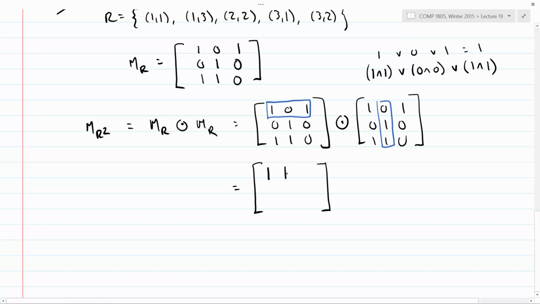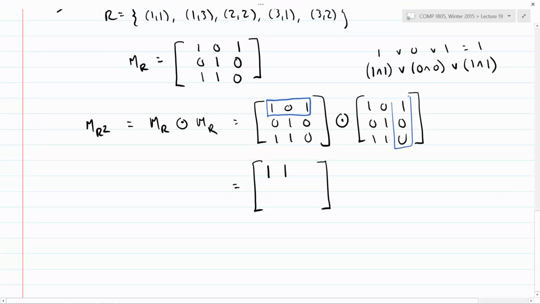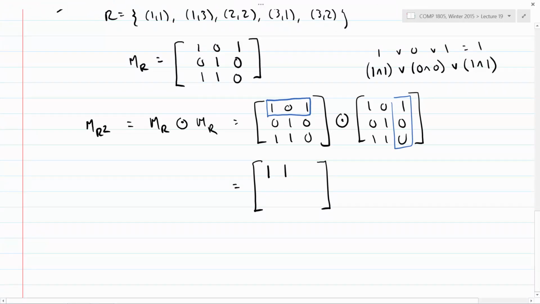Does that make sense? All right, so now I do the next column. The next column is the third and final column. And for this, I get 1 times 1, and in fact I can stop there, because as soon as I get my first 1, I know I'm good, right? Because I'm adding a bunch of numbers that are positive. So I can stop right there, and you'll get a feel for that once you get better at it.